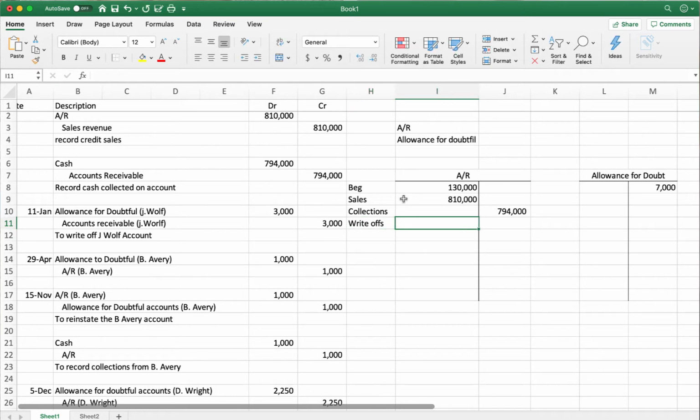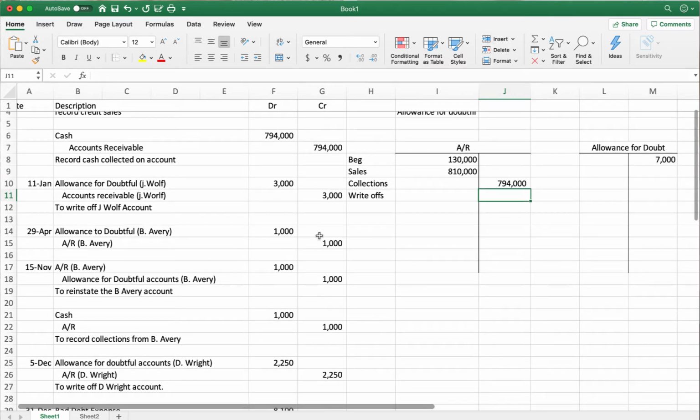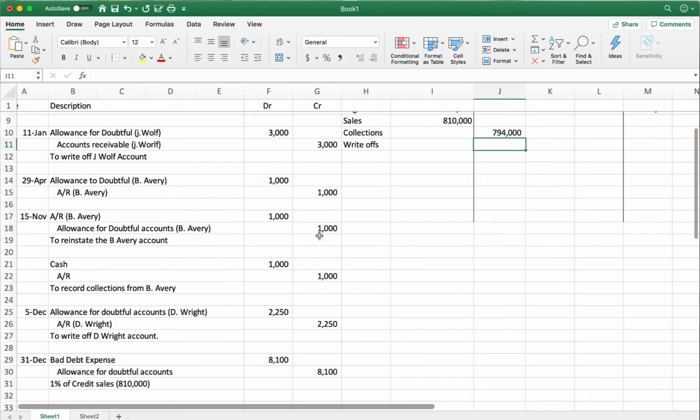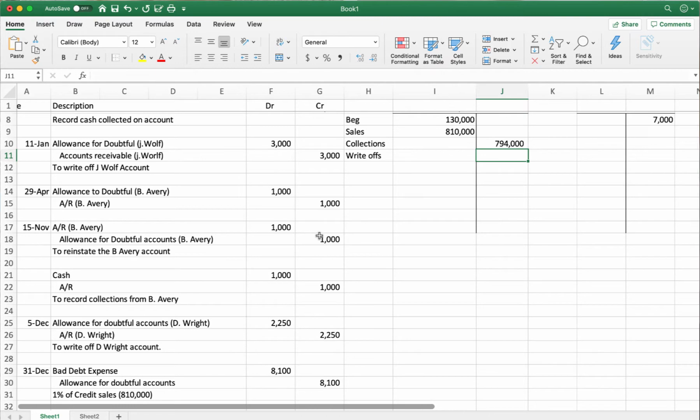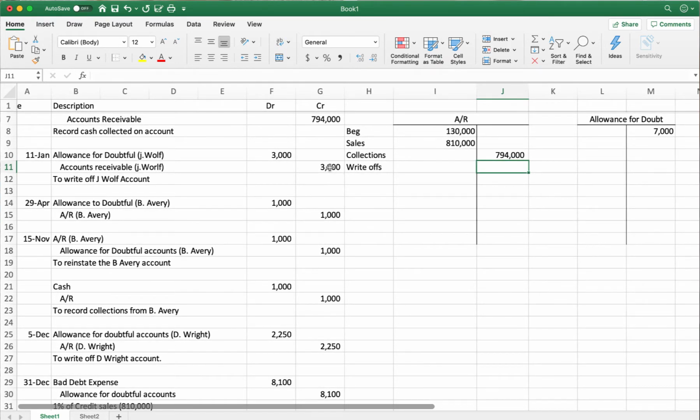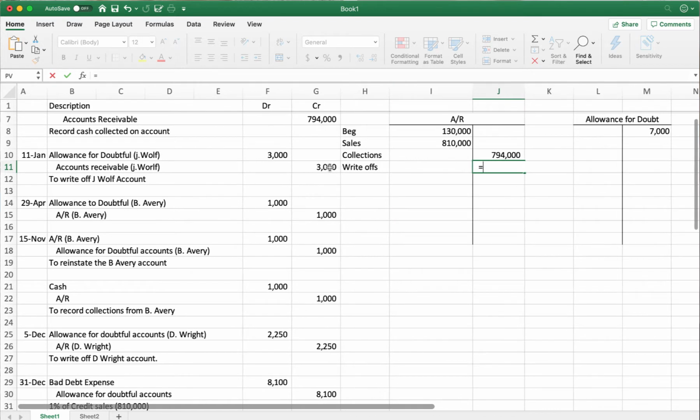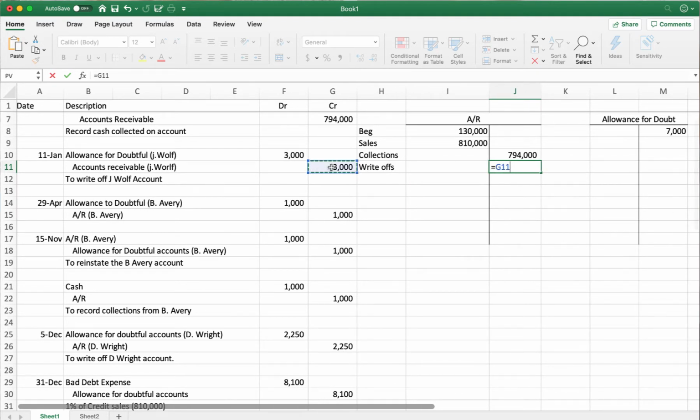Well, how do I figure out my write-offs? It's very simple. I can go back and look at all of my accounts that I did stuff to, right? I originally wrote off $3,000 from J. Wolf, plus I wrote off $1,000 from B. Avery, plus B. Avery came back in, then went out, right?